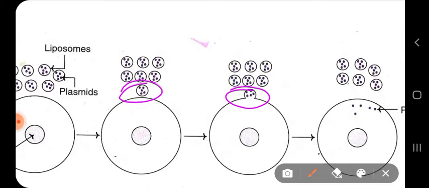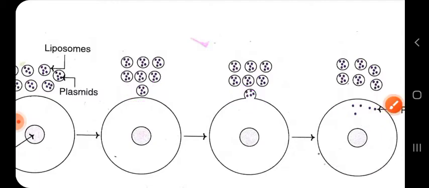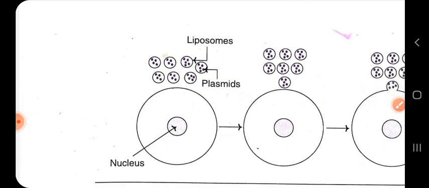Then they fuse at the site of attachment, interacting with the membrane phospholipids, and release what they contain inside, the plasmids containing the gene of interest. In this way, through liposome mediated gene transformation, you can introduce your target genes into your cells.